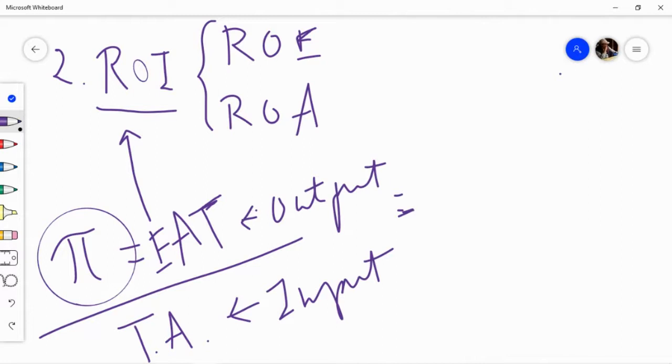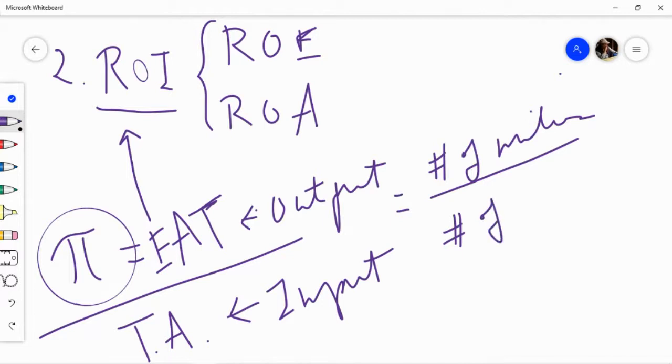What is gas mileage? Gas mileage is literally how many miles you got on a full tank of gas. And your full tank of gas may be a number of gallons, right?